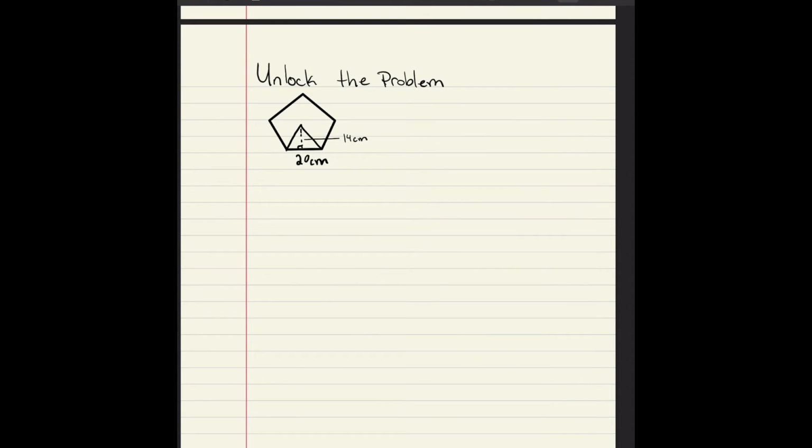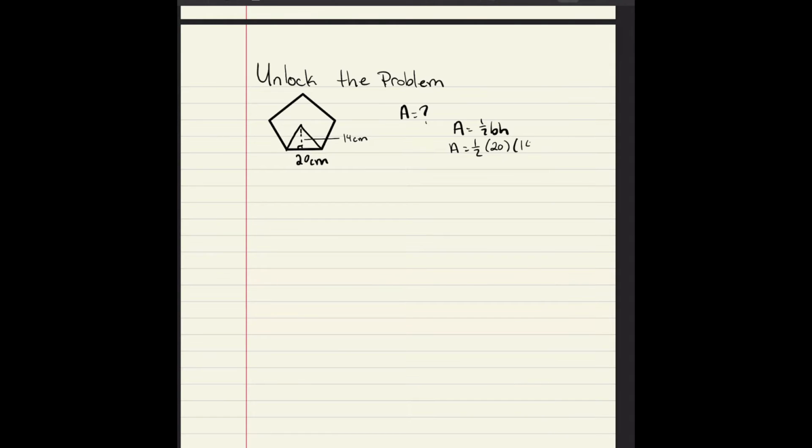So let's try this on a real problem. So here I have a polygon, and I need to find the area. So I'm going to use my formula, which is A equals 1/2 base times height. Plug in what I have. I don't have area. Half stays the same.